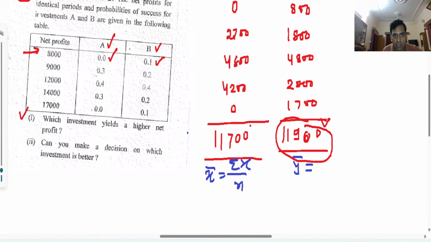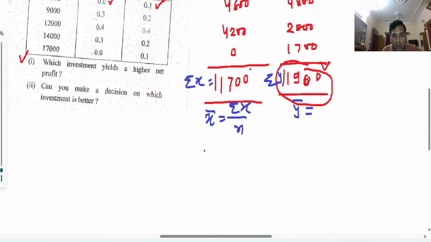This is the arithmetic mean. This is the summation X and this is the summation Y. This quantity is divided by 5, and then you will get X bar and Y bar. So this is the mean. And now you need to find the standard deviation also, for the X data and for the Y data.